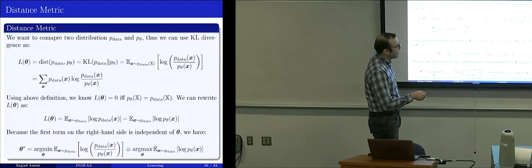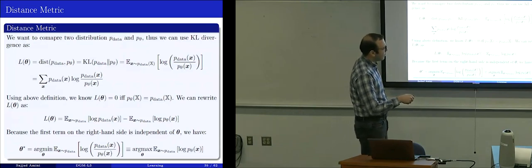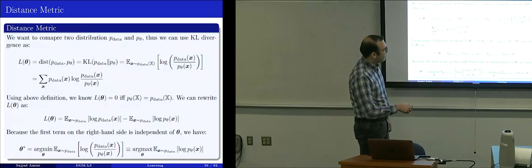When you are working with this part alone, you cannot say anything about it, unless that the maximum of this part... you want to minimize the KL distance, or equivalently, you want to maximize this part. And the only thing you can say about this maximum is that it is equal to this value.